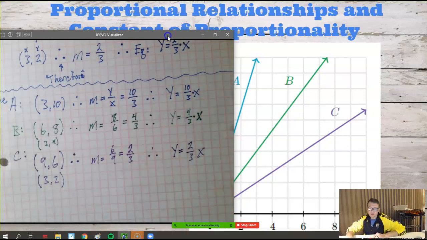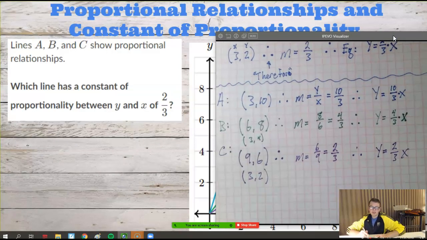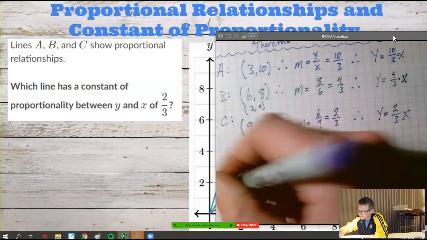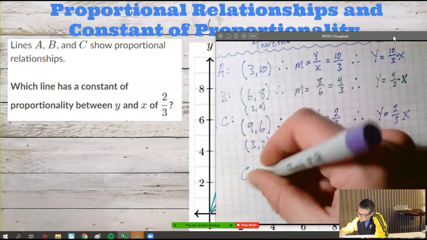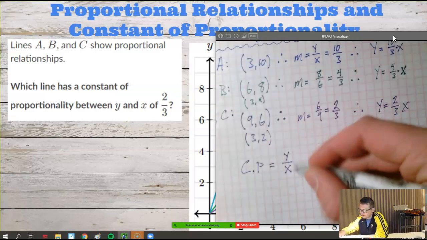So now let's look at the question that Khan's asking us. What they're asking us is, which line has a constant of proportionality between y and x of 2/3? Guys, this is just a complicated way to ask which one has a constant of proportionality of 2/3. When they say between y and x, what they mean is the constant of proportionality is comparing y to x.